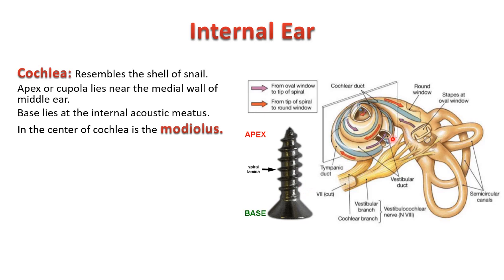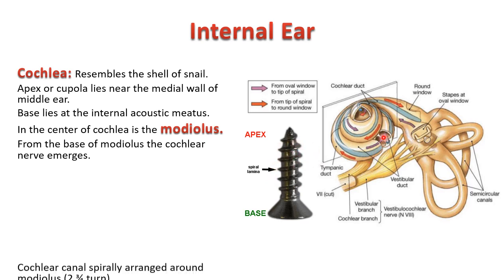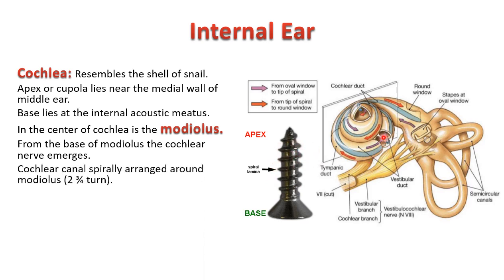You see that spiral lamina when you cut inside the section. From the base of the modiolus, of course, the cochlear nerve emerges, which I have already told you. Around the modiolus, like the threading of the screw, you see the spiral lamina.